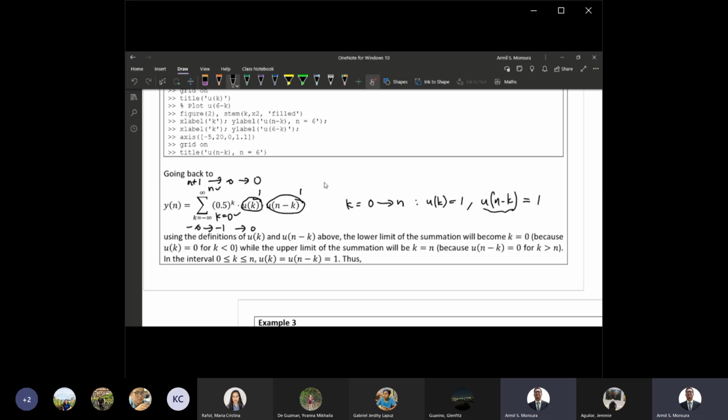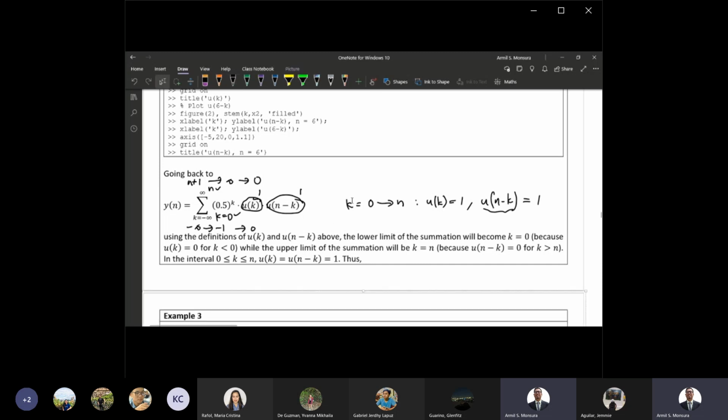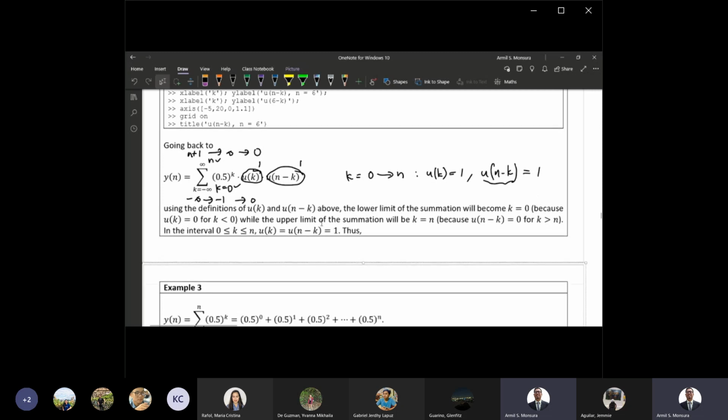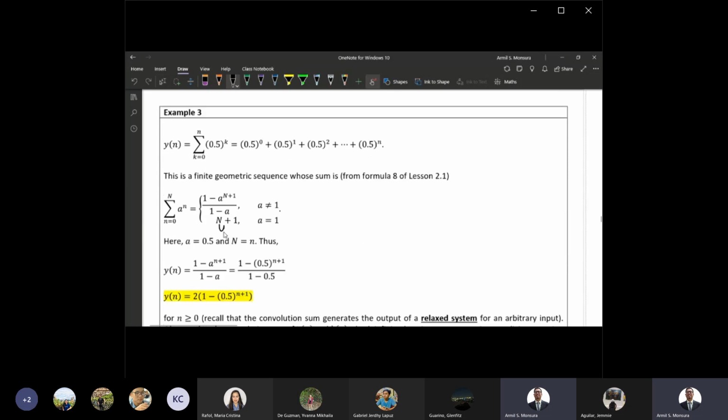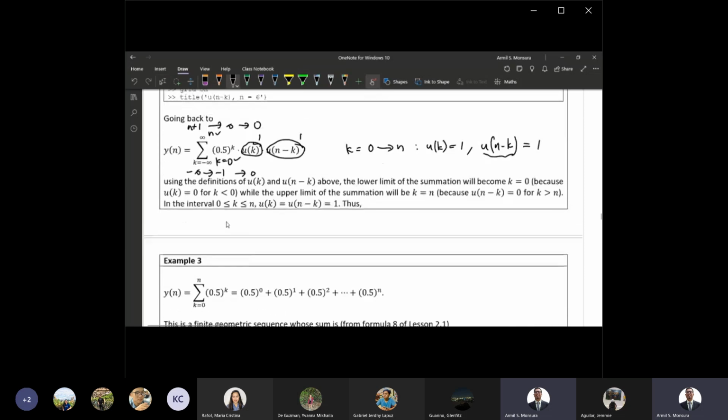Okay? So ngayon, pwede natin i-rewrite yung formula ninyo. Itong formula natin na to can now be rewritten as y of n equals the summation of 0.5 raised to k, for k equals 0 up to n.